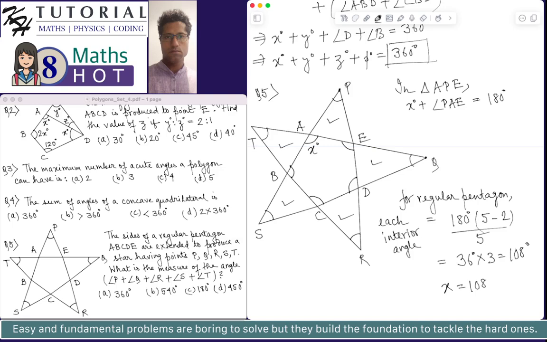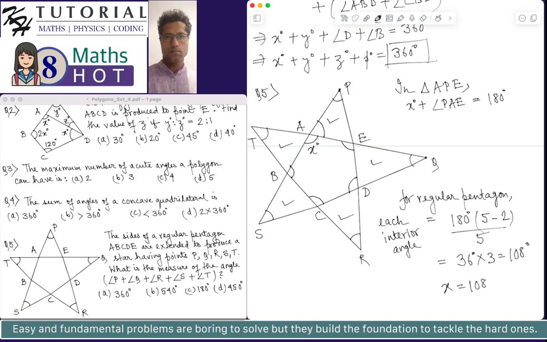These two, x degree and angle PAE, are the interior and exterior angles for the regular pentagon at the vertex A. So their sum must be equal to 180 degree.